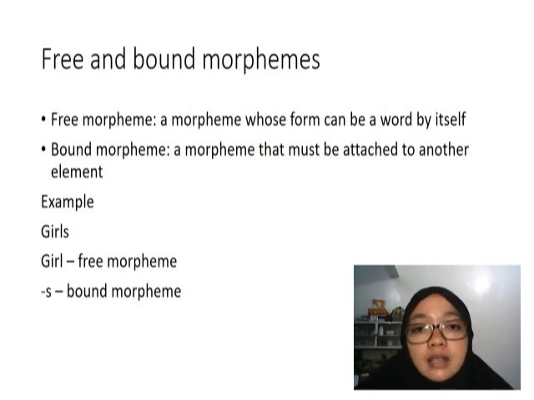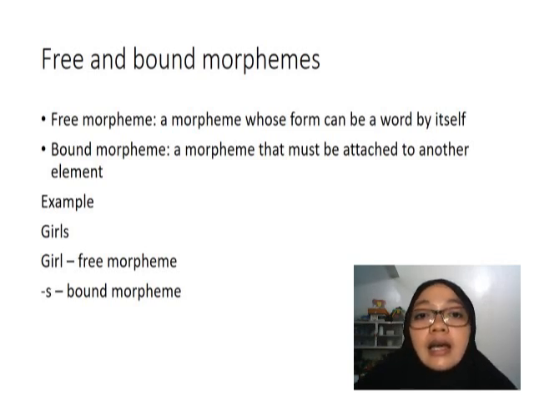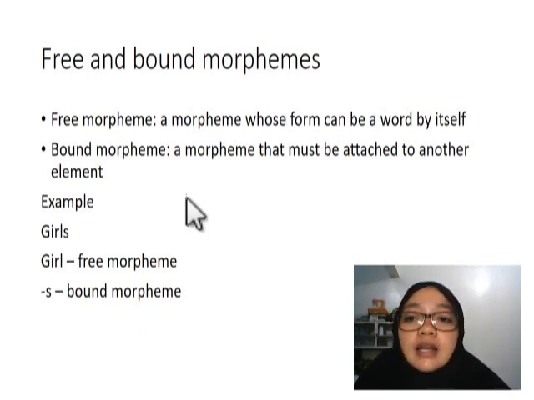Those three sounds belong to allomorph in terms of pronunciation. It has the same function but different variants. Yeah, s, z, and iz, and a and an. Okay, that is allomorph.